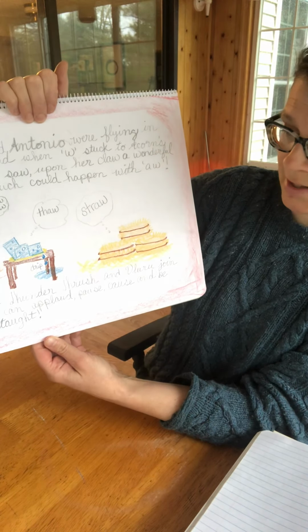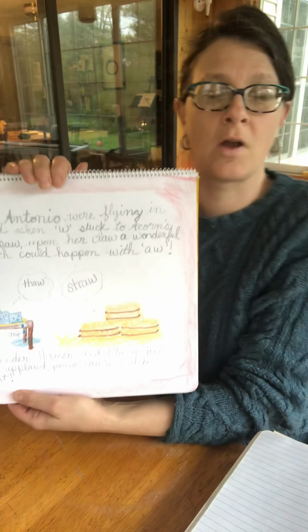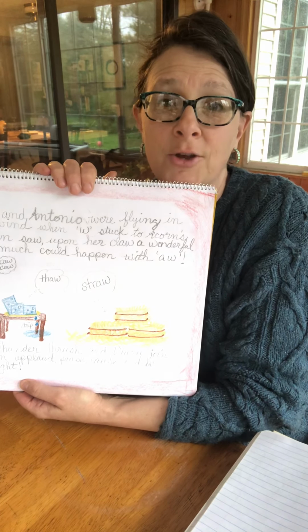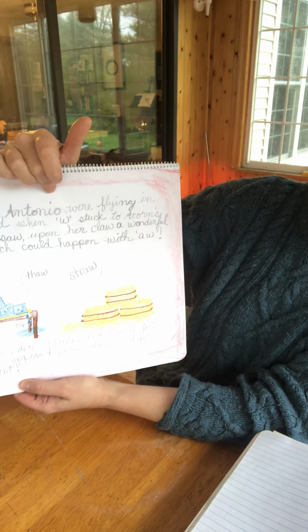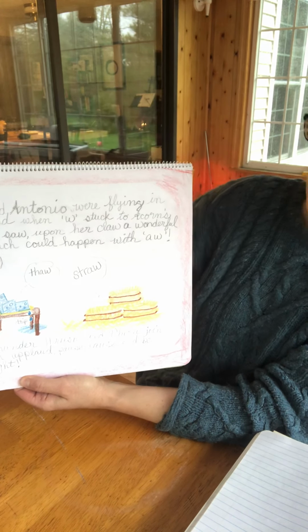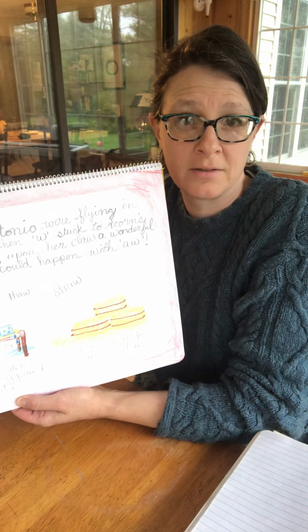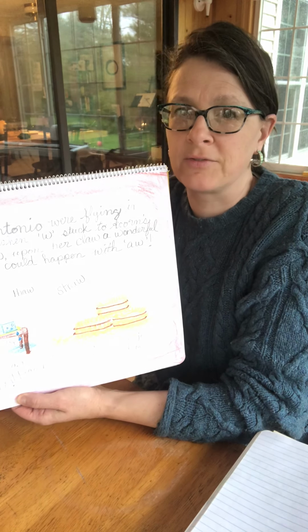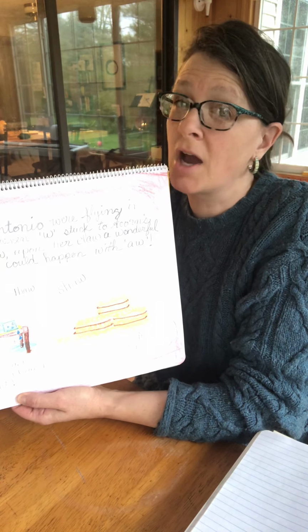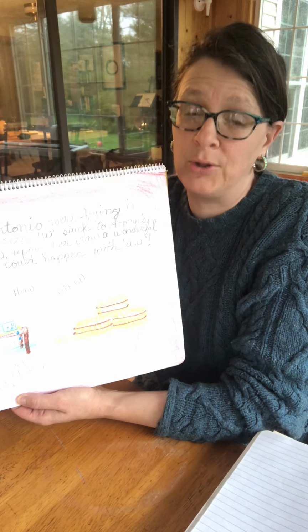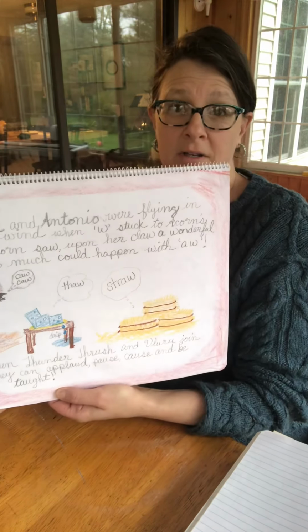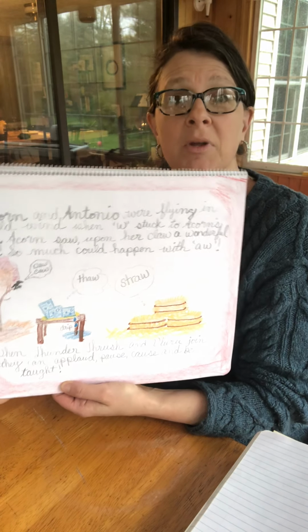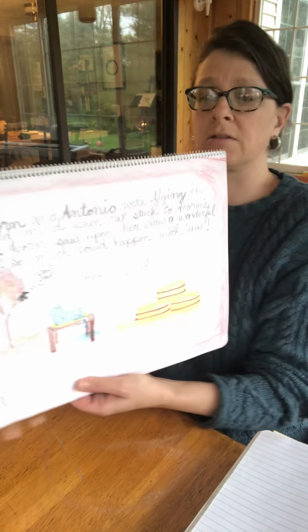Applaud, pause, cause, and taught. All of those words have AU in a special spot in the word. And all of the ones I used up here have AW in a different spot. So see if you can notice the difference between the words I chose. It's not true of all AU and AW words, but it is true of these words. Something that you notice that might be a little bit different between the two sets of words.